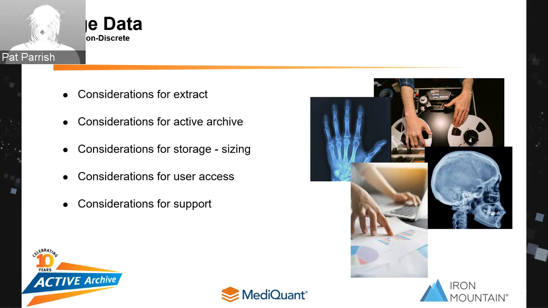So we need to consider all these things because, again, the goal here is to think about all of the data that is under support, that needs to be readily available, and what is the subset of data that can be in other size formats that can live in an active archive, which is going to give a much better financial outlay in terms of a TCO.